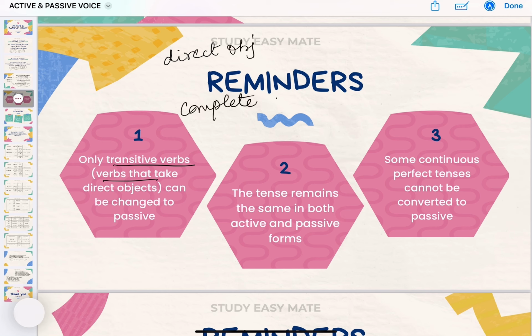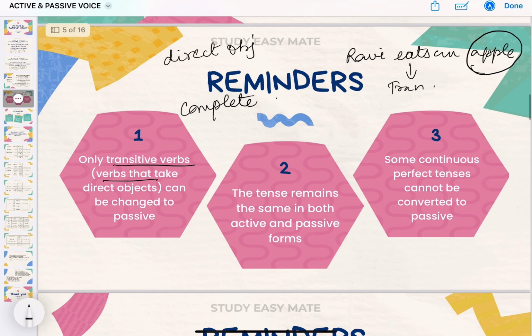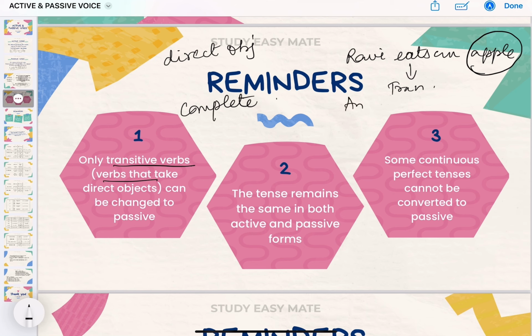For example, Ravi eats an apple. Here an apple is a direct object, so eats is a transitive verb. An apple is eaten by Ravi.